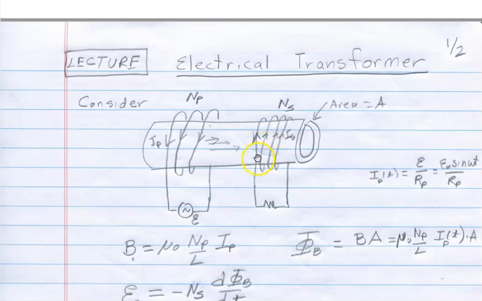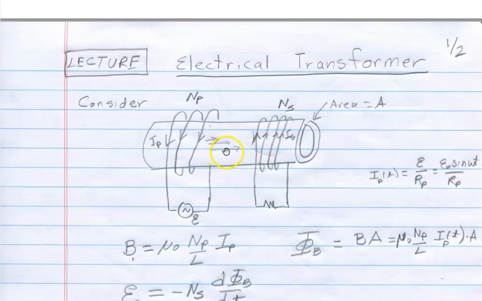And it will then provide an induced current in this, which would be I_S. And if this is increasing, it will induce a current in the direction to oppose that increase, which would be in the opposite direction.